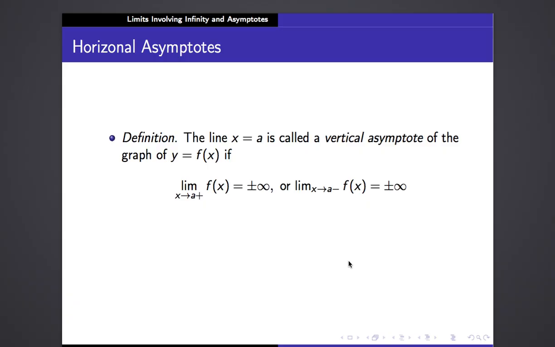So the point is, limits involving not only finite numbers but also involving infinity are important. Okay, so with respect to limits involving infinity, there are important notions about the asymptotes.